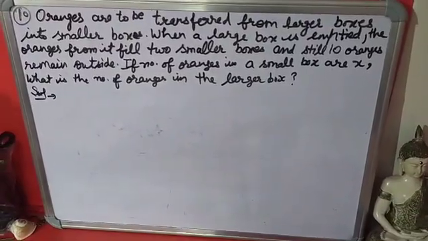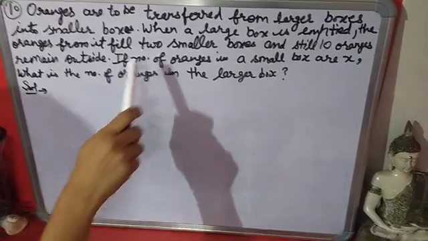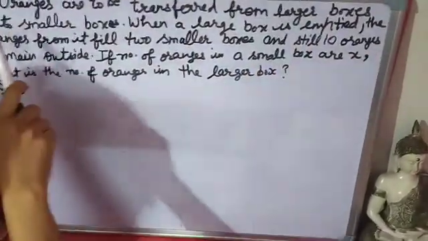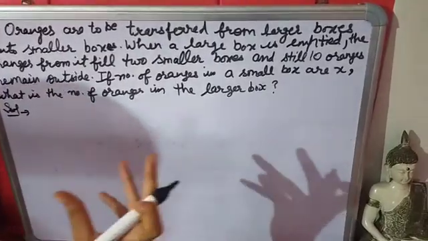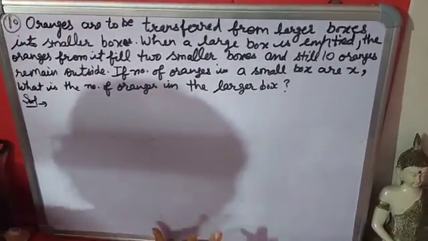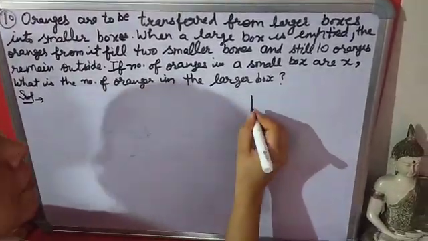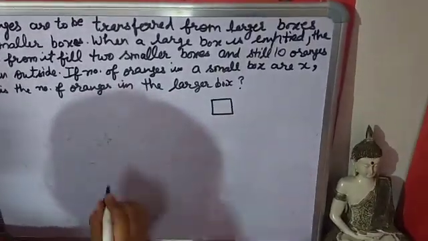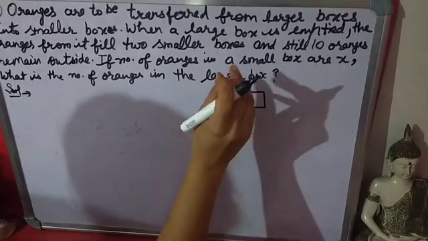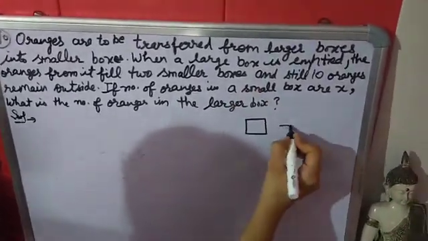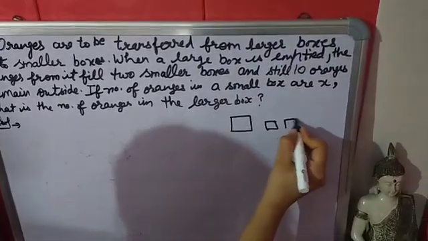10th question. Oranges are to be transferred from larger box into smaller boxes. ठीक है. I am doing this question with a diagram. We have one large box. Oranges are to be transferred from the larger box into smaller boxes. There are 2 smaller boxes. Okay.